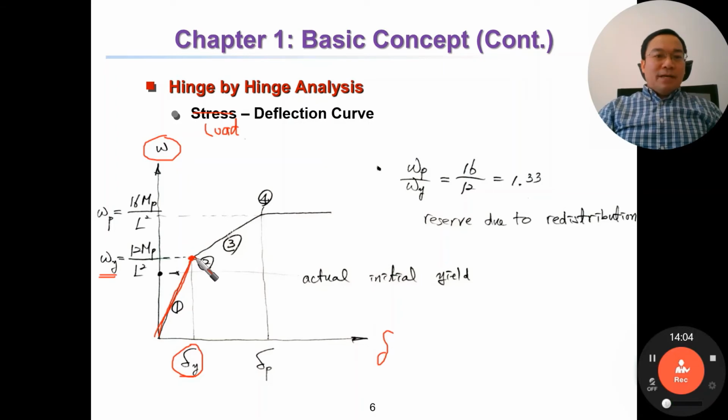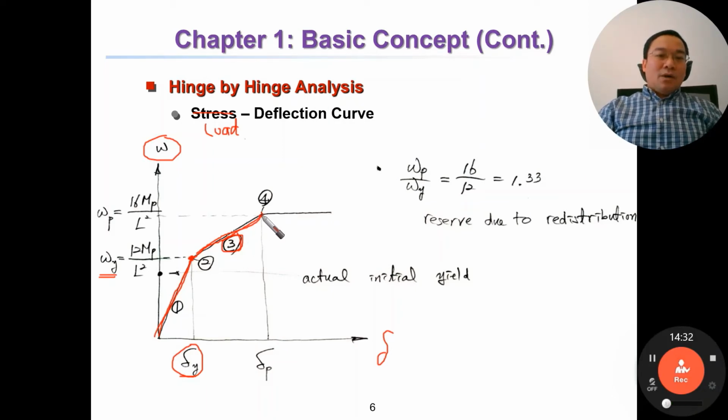Just keep increasing the load, then we have the third state, and this is elastic plastic, right? There are 2 plastic hinges occurring, while in the middle the moment is smaller than Mp.